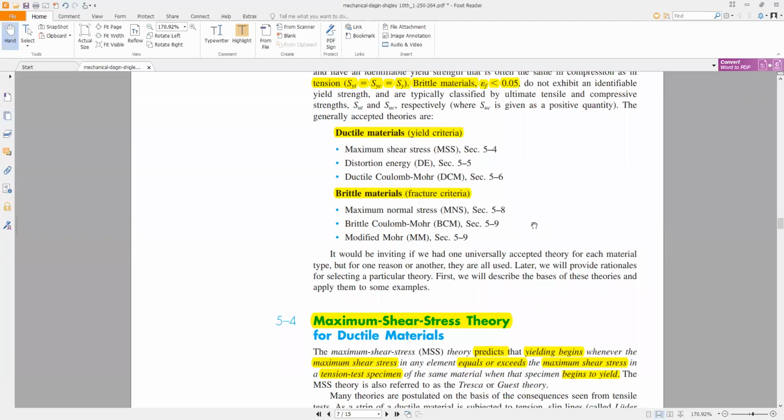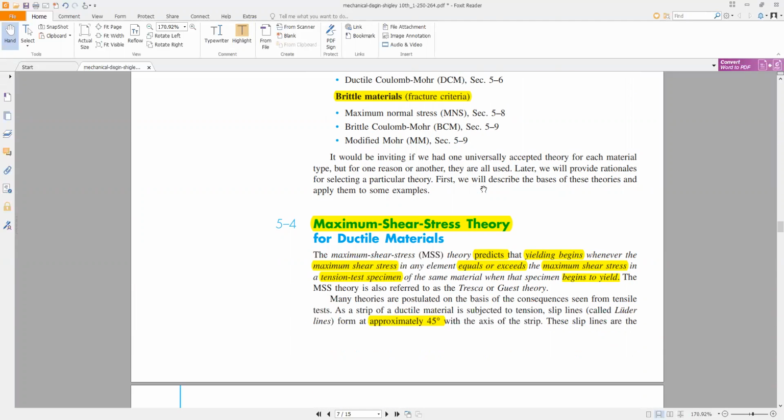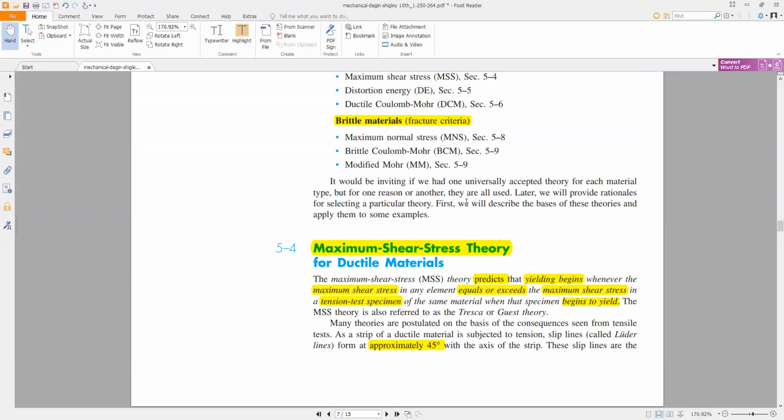Okay, now we go through two theories. One is MSS, and another one is DE. MSS, maximum shear stress. For ductile material, this theory predicts that the yield will start to happen when the maximum shear stress in the element is equal to or more than the maximum shear stress in the tension specimen.